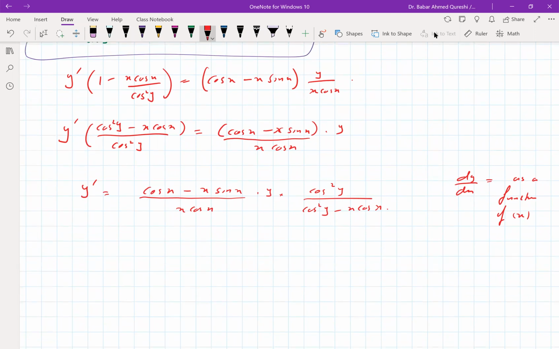So if I divide by cosine square, 1 minus sine square y minus x sine square. So not that easy to find, so let's leave it over here for now.